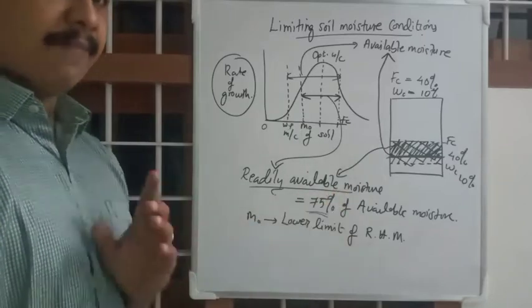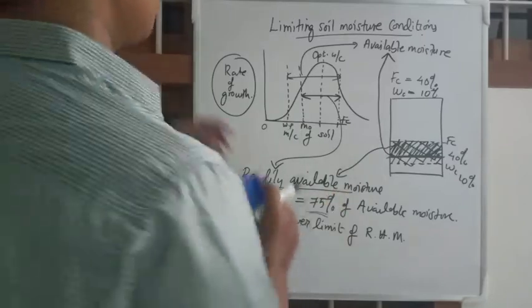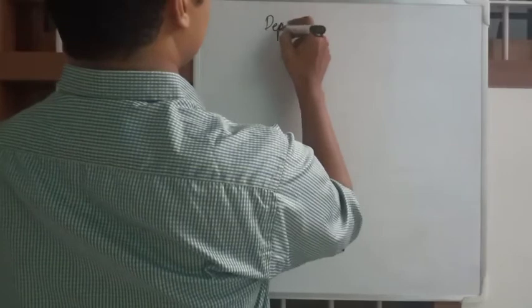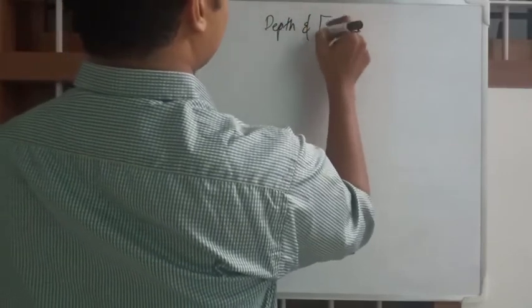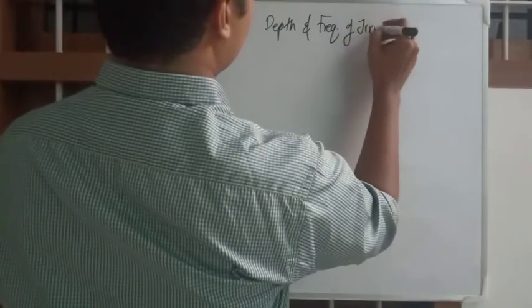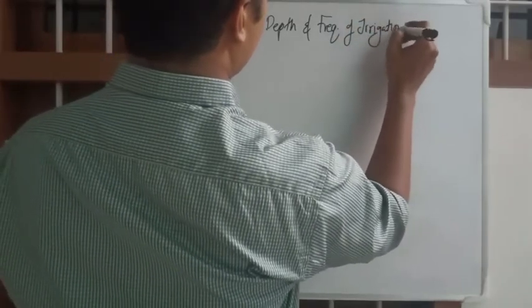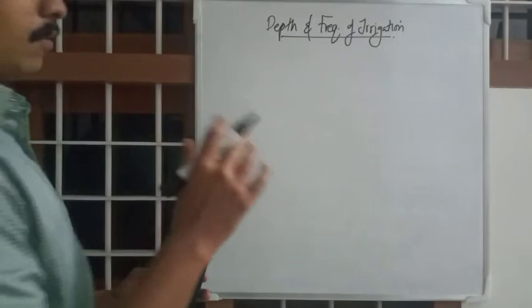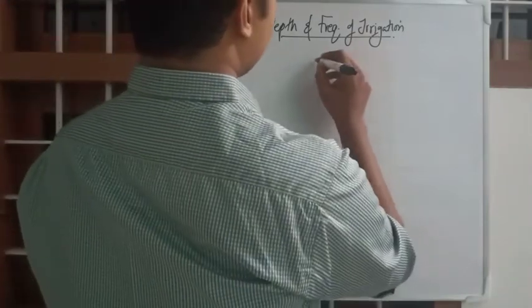Okay, then we are moving on to the next topic: depth of irrigation and frequency of irrigation. Okay, so another graph we are trying out.